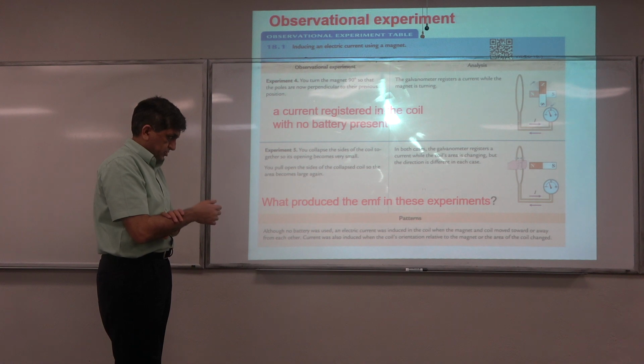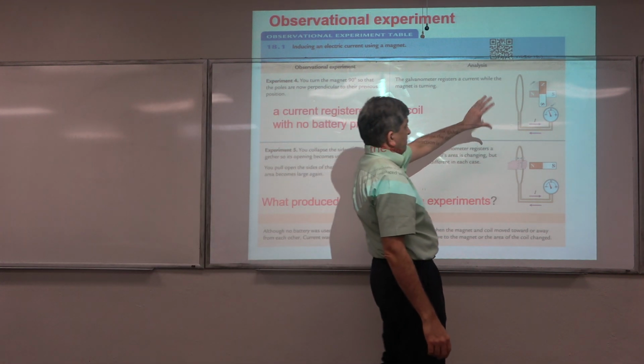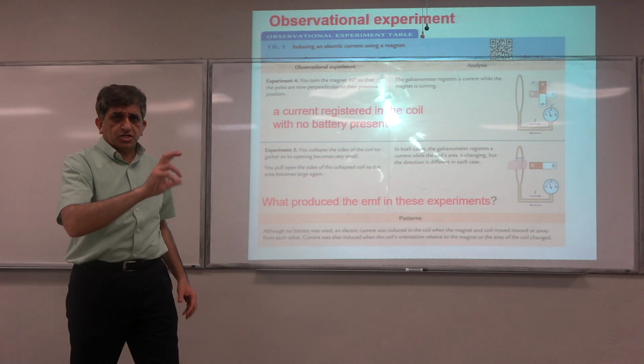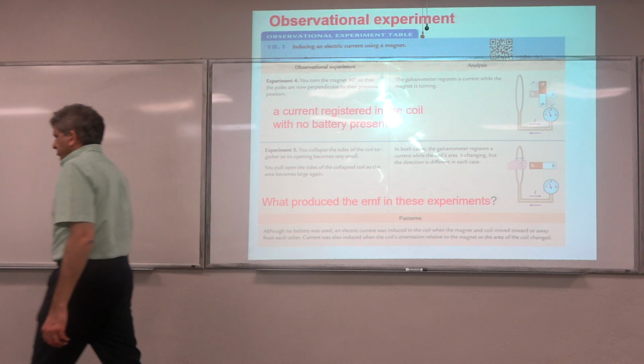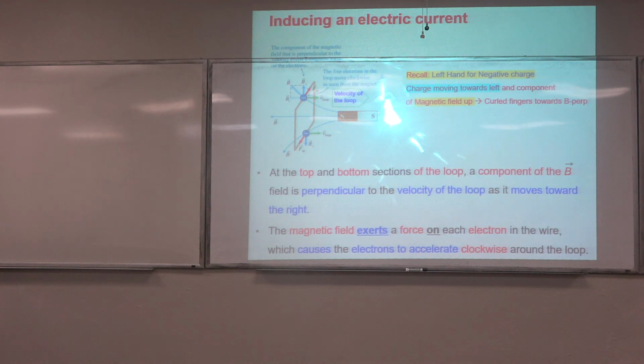In either case, or if you rotate the magnet close to the coil, the current is registered. It means there is a change in the magnetic field which is responsible for producing the current. Alright?